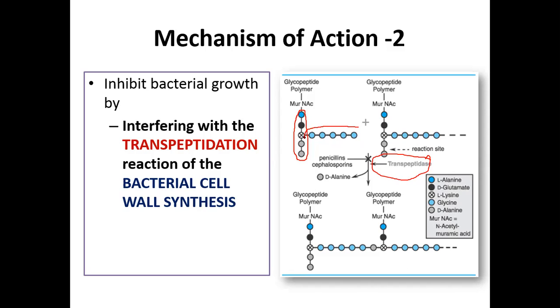Okay, and then attached to another pentapeptide made up of glycine. Now, how this enzyme works, the transpeptidase, which is the penicillin binding protein, it cleaves off the D-alanine at the end of the pentapeptide, and then fosters its attachment to this glycine pentapeptide. And so this is the result. And so this process goes on and on, and then you're going to have this peptidoglycan structure.